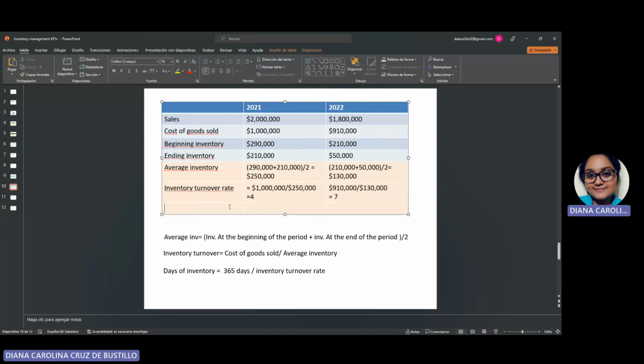Okay, and days of inventory would be 365 divided by 4 and 365 divided by 7. And let me do that quickly. 91.25, and the other one 52.14.